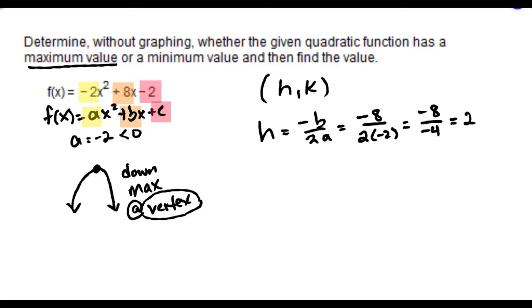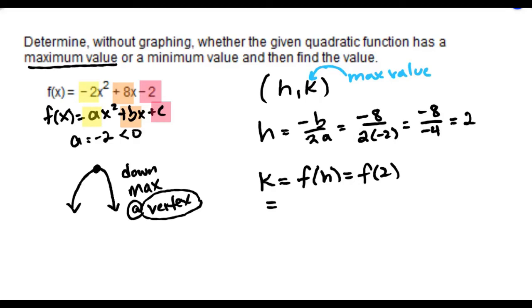Now the maximum value is actually the y-coordinate, so we need to calculate the y-coordinate k, and we can get that by substituting h into our function. So we're going to substitute h being 2 into the function to get that maximum value.